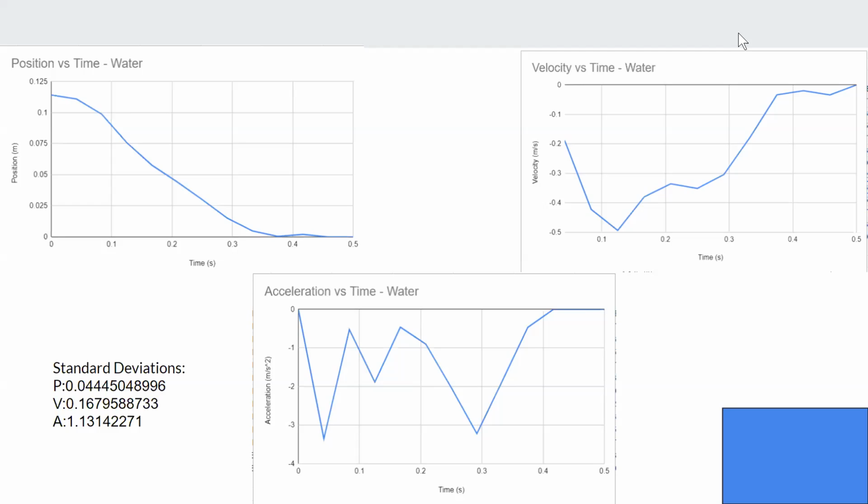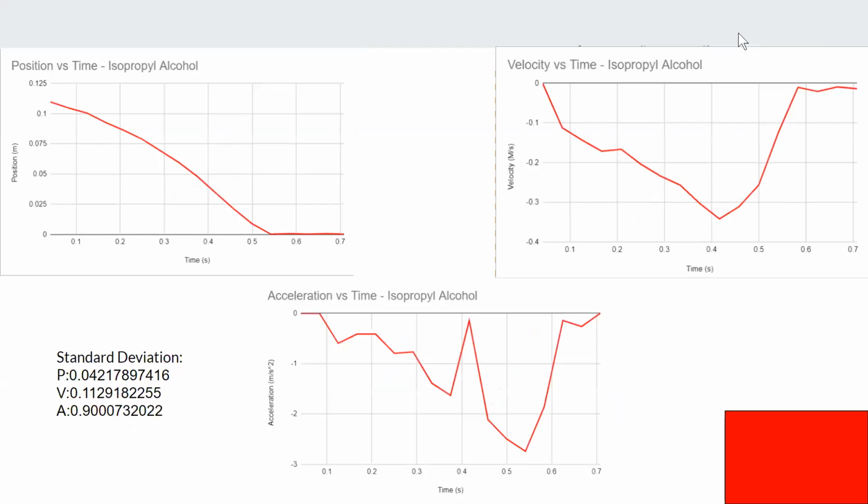And so for our velocity, that first dip, we actually didn't include for all of the graphs into the max velocity calculations because it is the first drop before it even touches the liquid. And so yeah, for all of the graphs, we didn't include those.